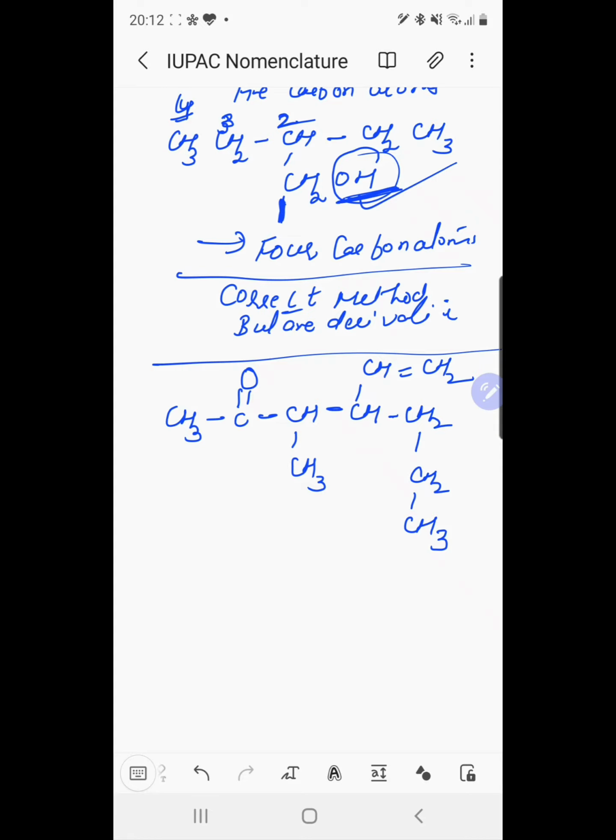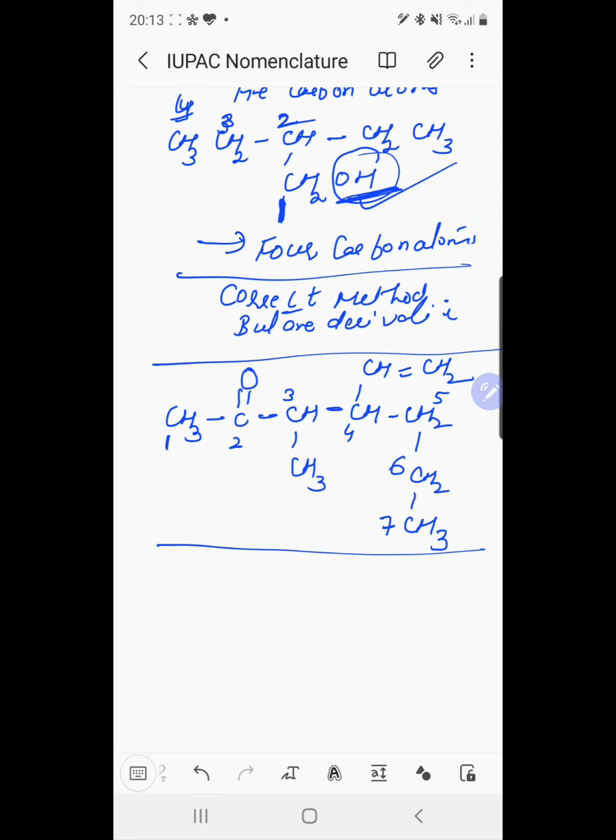In this case the longest possible chain is 1 2 3 4 5 6 7, of 7 carbon atoms, but we have to select the numbering in such a way that the parent chain contains the functional group as well as the double bond.